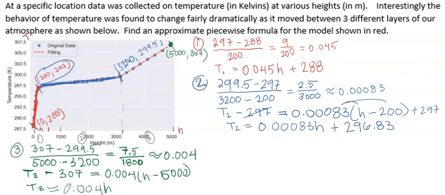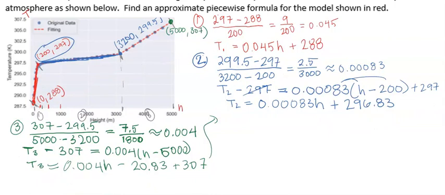So we're going to get 20.83, and that's minus. And then we're adding the 307. Okay, so when we put that together, we get piece number 3. T3 equals 0.004h plus 286.17.